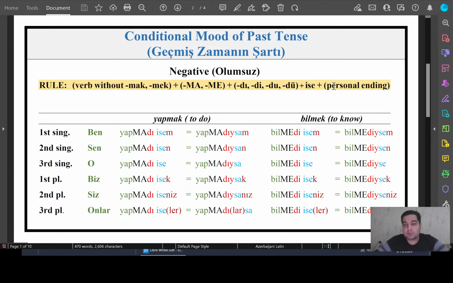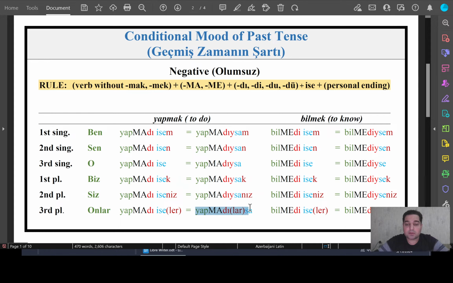Then again, ise and the personal ending. So here you have yapmadı. Here ma is deliberately capitalized, I just made it capital to separate them. So yapmadı plus isem becomes yapmadıysam. O yapmadıysa, biz yapmadıysak, siz yapmadıysanız, and onlar yapmadılarsa.